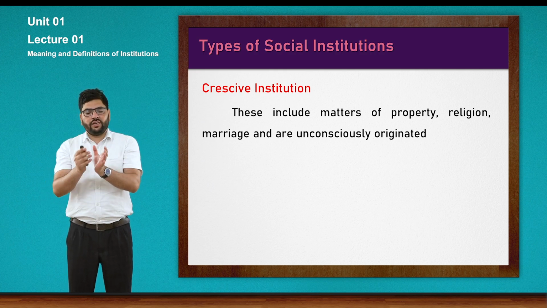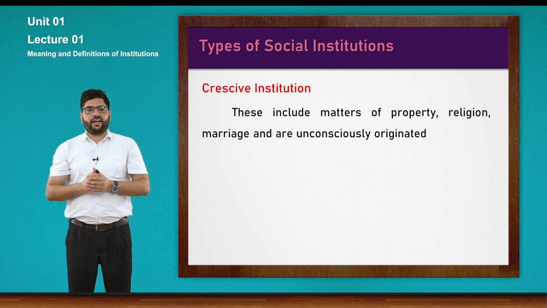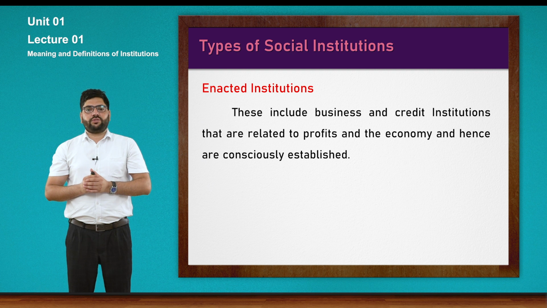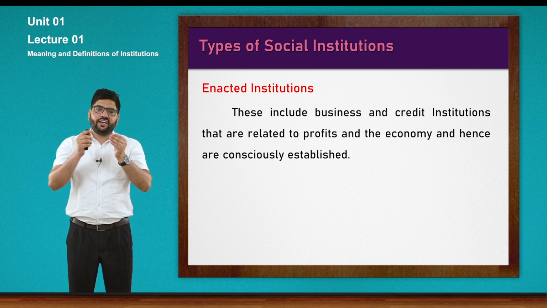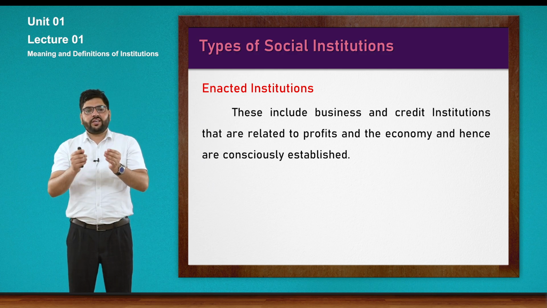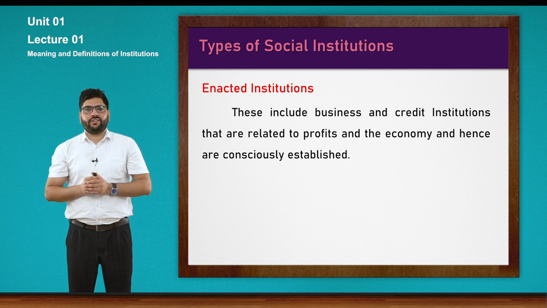The second typology is enacted institutions. These include the business and craft institutions that are related to profits, margins, and the economy, and hence they are consciously established.